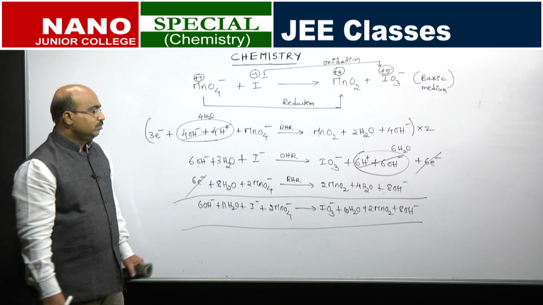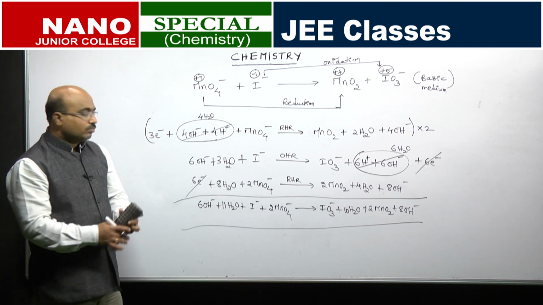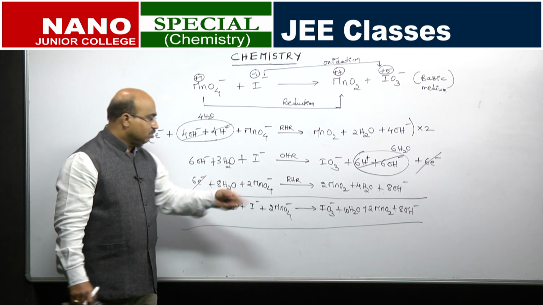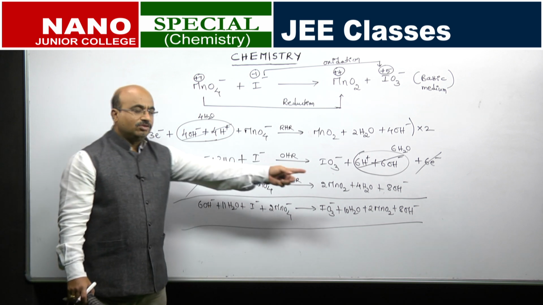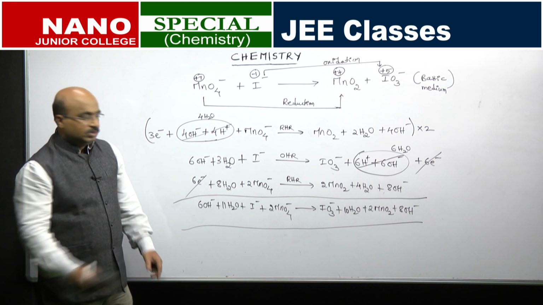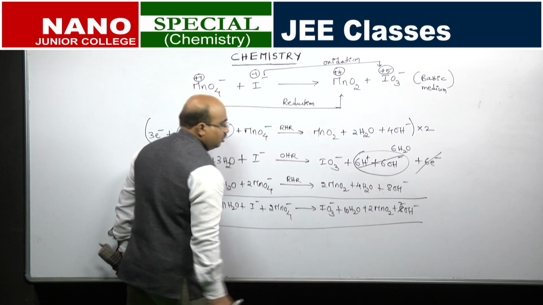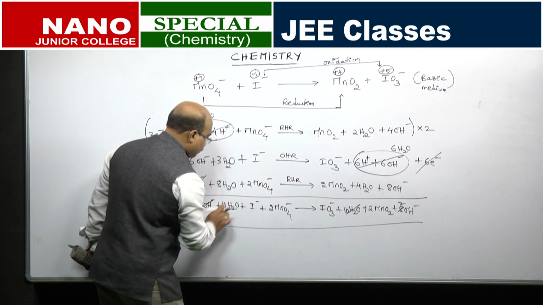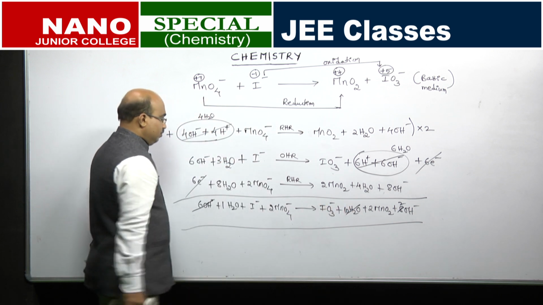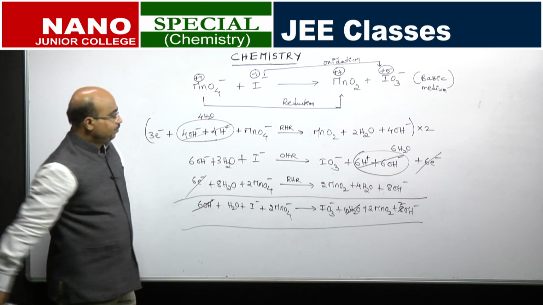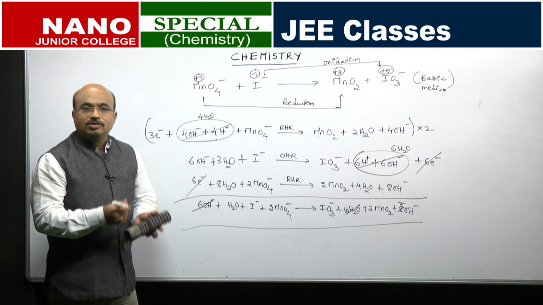So, now simplify. Water is there, you simplify H2O, OH minus, OH minus, simplify. So, this will cancel completely, this is 2, this will completely cancel, this is 1. So, H2O, that is it. This is the answer for us.